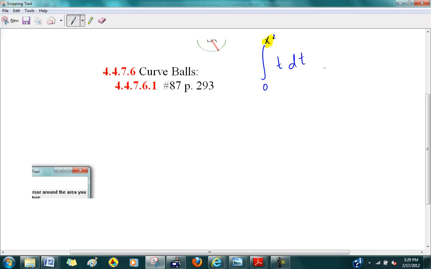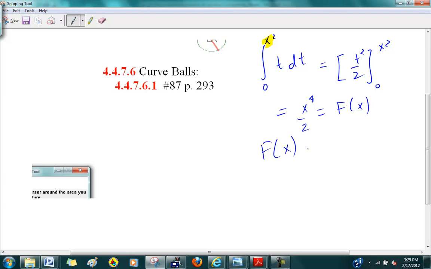The old-fashioned way would have been to integrate this, stick x squared in there, which gives me a new function. I differentiate that, and I get 4x cubed over 2, which is 2x cubed. So this is my final answer.